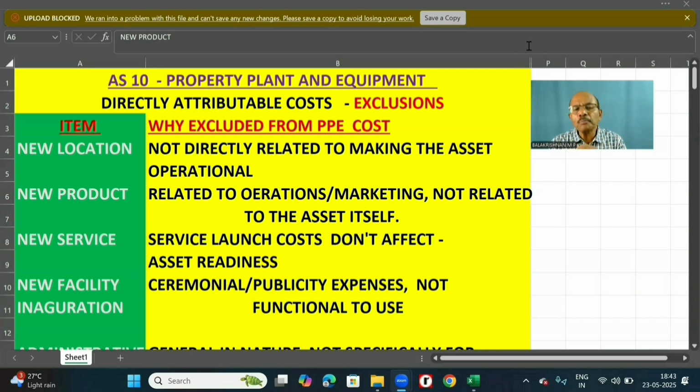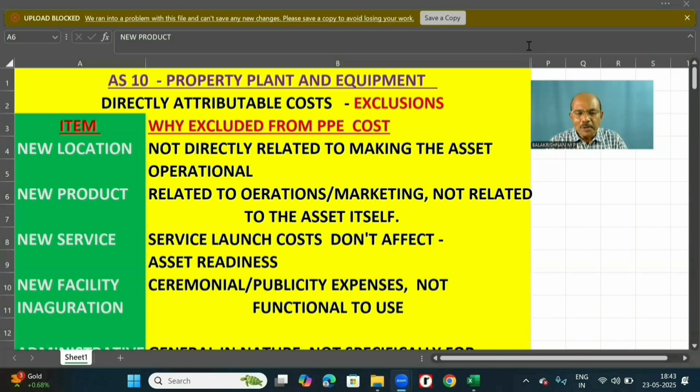Now, why are these costs not part of PPE cost? Well, AS 10 allows capitalization only of costs that are directly attributable to bringing the asset to the location and condition necessary for it to operate as intended, not general in nature or future focused.